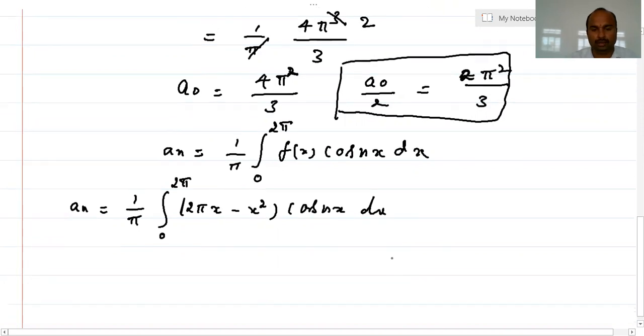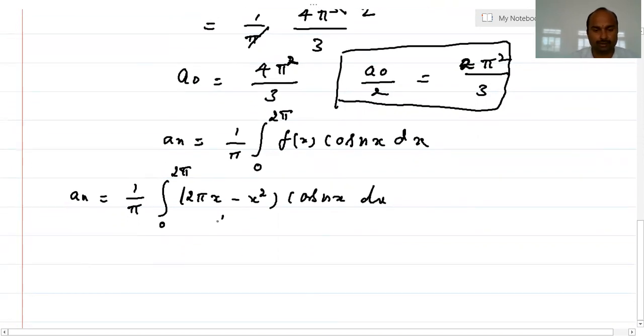Now treat 2 pi x minus x square as the first function and cos nx as the second function. Apply integration by parts.